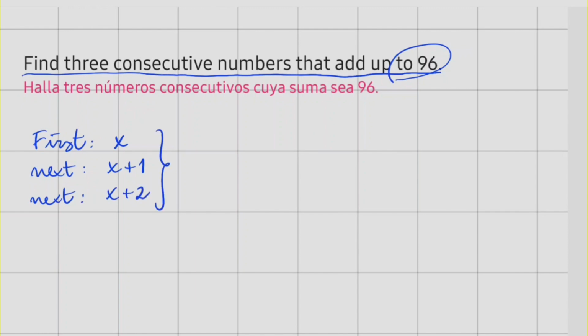Now, these 3 numbers need to add up to 96, right? So we've got the first number, the second number, and the third number, right? So these 3 numbers, if we sum them up, we need to get 96. So we do the same thing. We add up the unknowns, the x, and they are 3x plus 3.